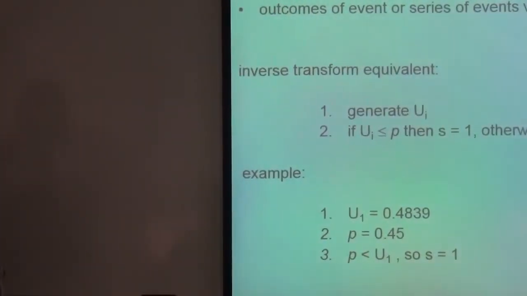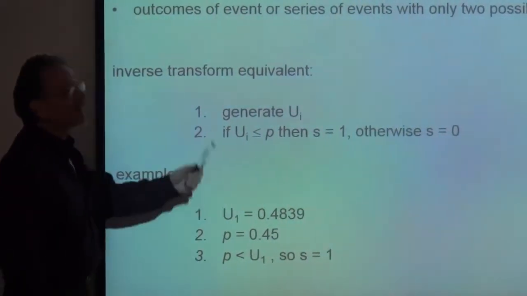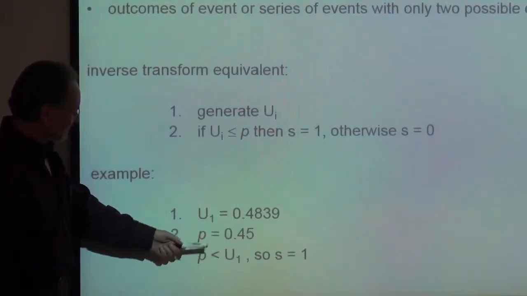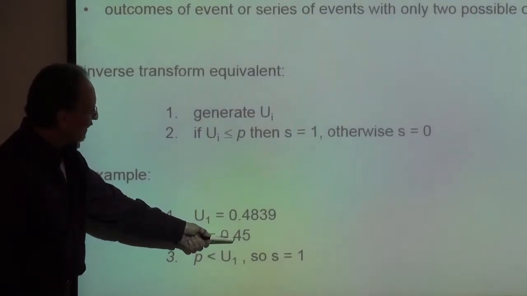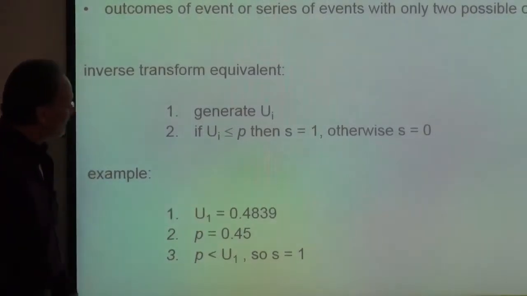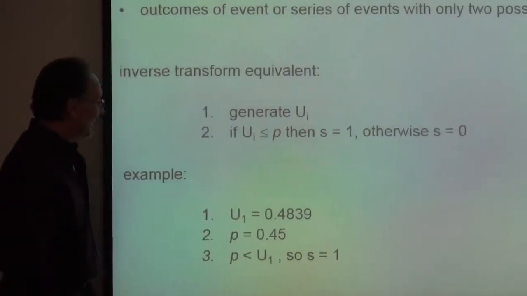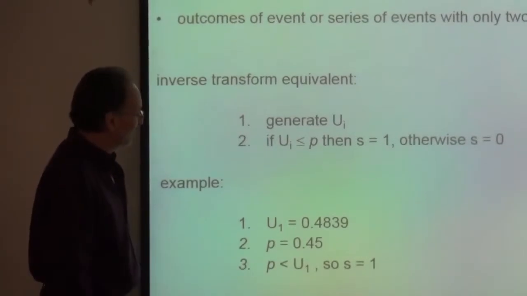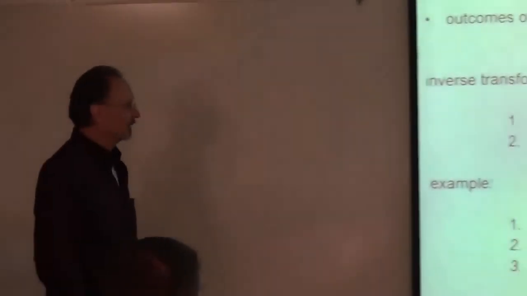So the probability of failure, let's just say, I will always set the probability of failure, or the event of interest, let's put it that way, at 0.45. So if it's greater than 0.45, then it hasn't failed. If it's less than 0.45, it has failed, or succeeded, or whatever. I just set a criterion and then compare my random number to that.